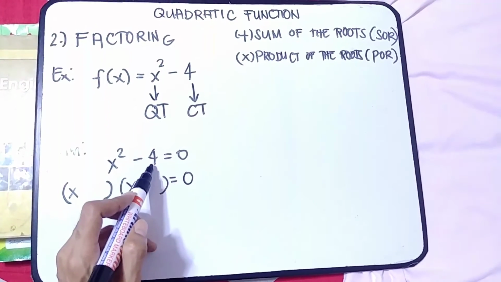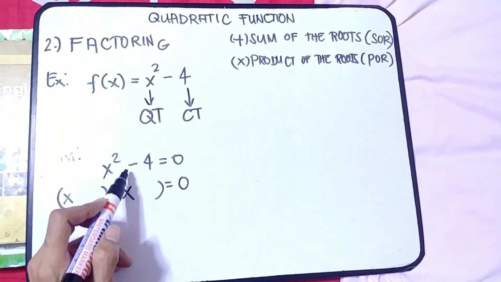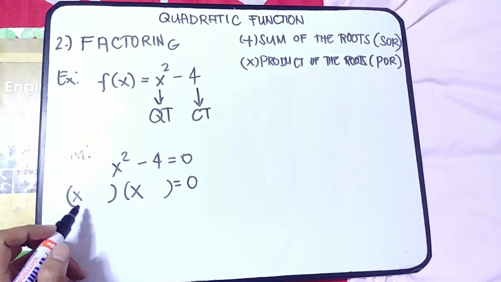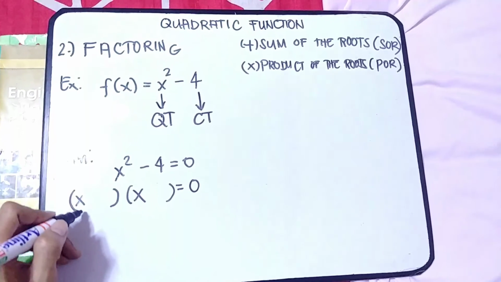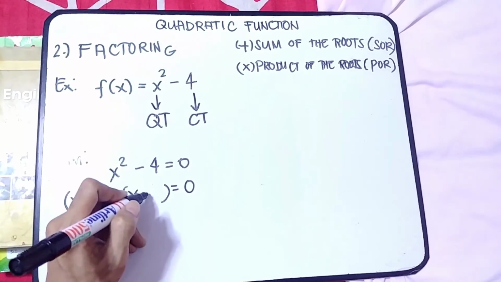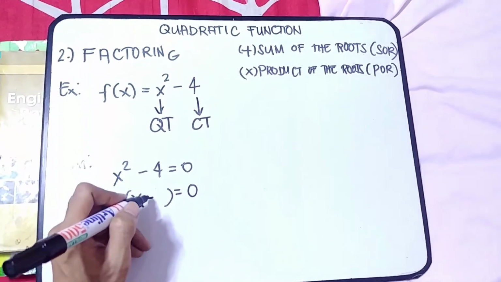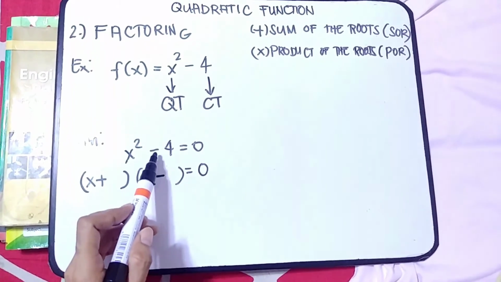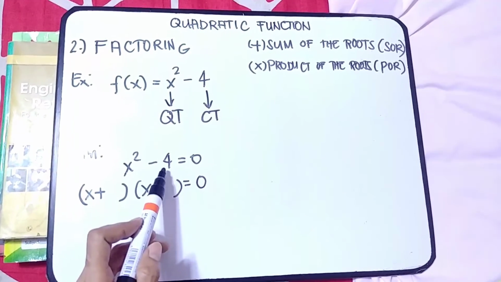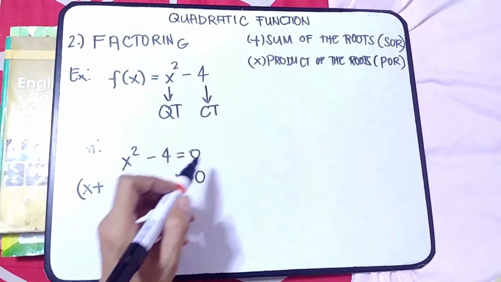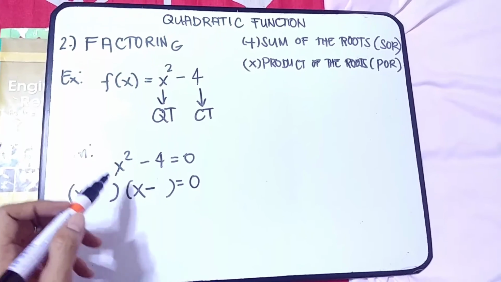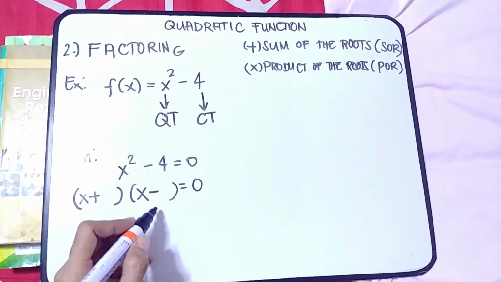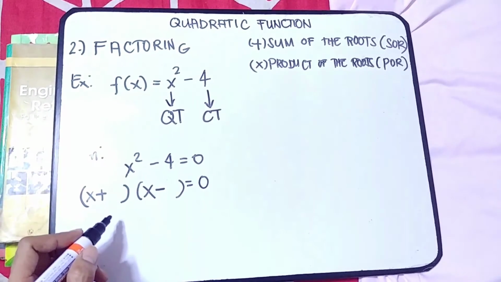Since ang constant term natin ay 4 at ang sign ay negative, automatic ang magiging sign ng dalawang x ay plus and minus or positive and negative. If ever naman na positive or plus ang sign ng constant, for example, x squared plus 4, that's the time na yung sign ng dalawang x ay plus and plus, or positive and positive.